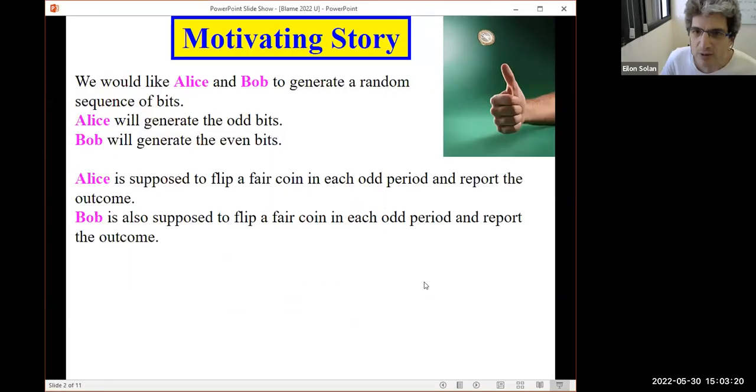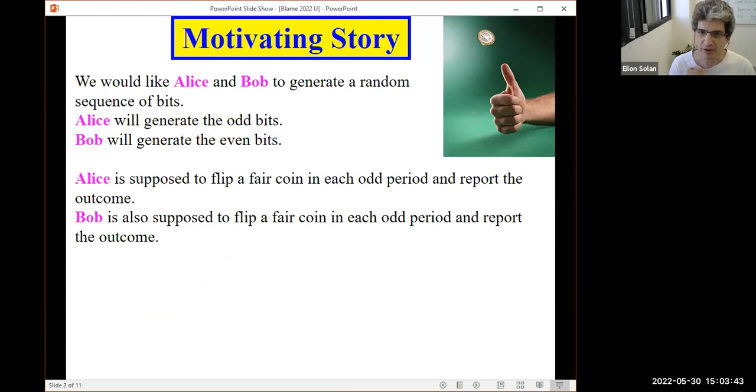Okay, so I will start with the motivating story, which is as follows. We would like Alice and Bob to generate a random sequence of bits, zeros and ones. Alice should generate the odd bits, and Bob should generate the even bits.